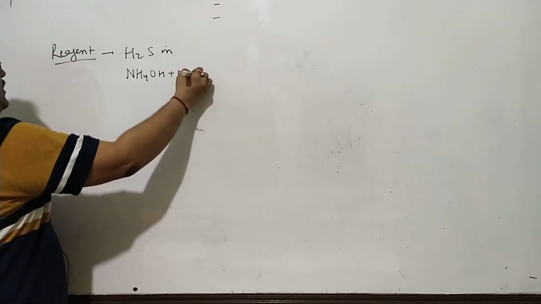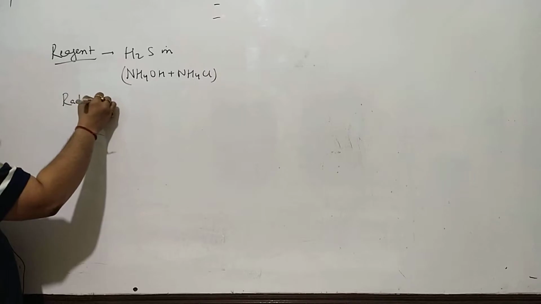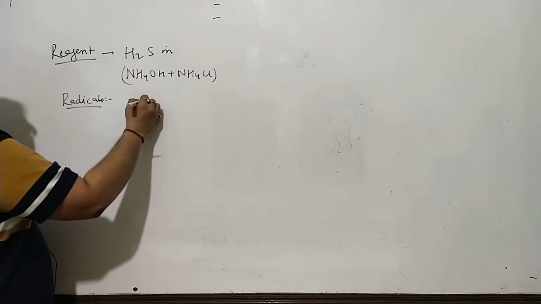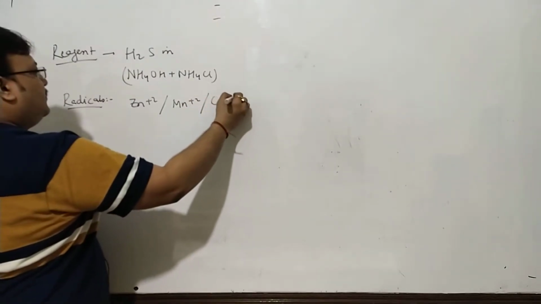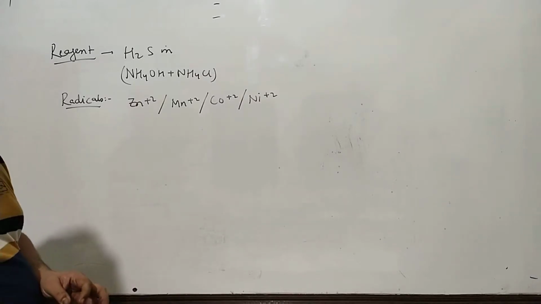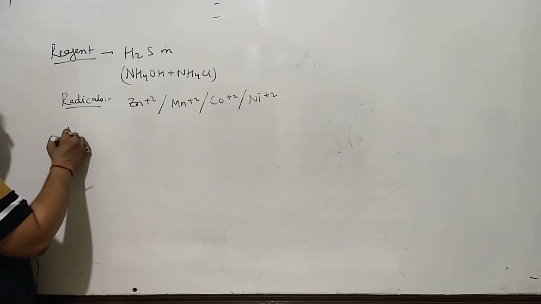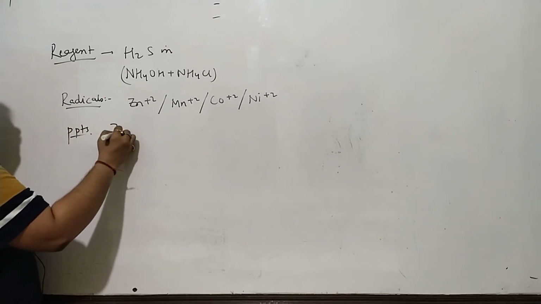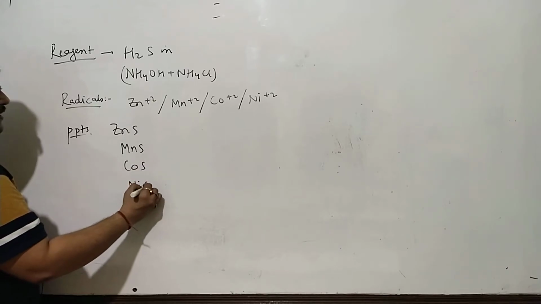The medium is alkaline deliberately to precipitate radicals which are zinc, manganese, cobalt or nickel. This time you want precipitates having higher Ksp values. So the precipitates expected are zinc sulfide, manganese sulfide, cobalt sulfide, nickel sulfide.